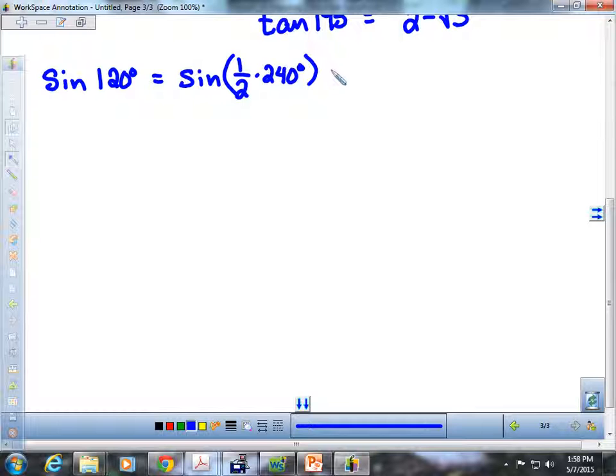Well, our identity for sine says that it's going to be positive or negative radical 1 minus cosine over 2. 1 minus cosine what? 240. Yeah, well, whatever we're taking half of is what comes over into here. Half of 240.